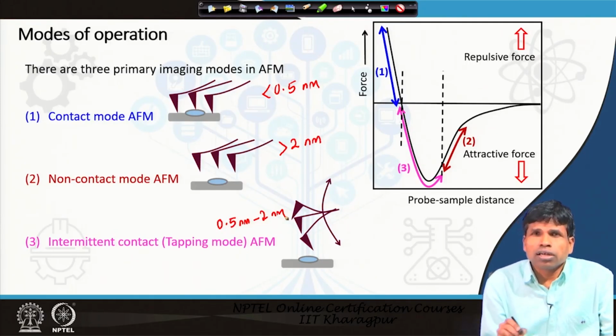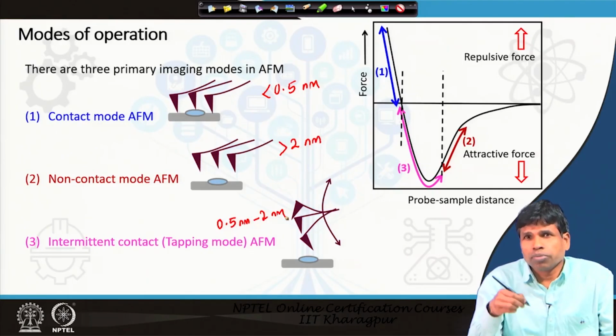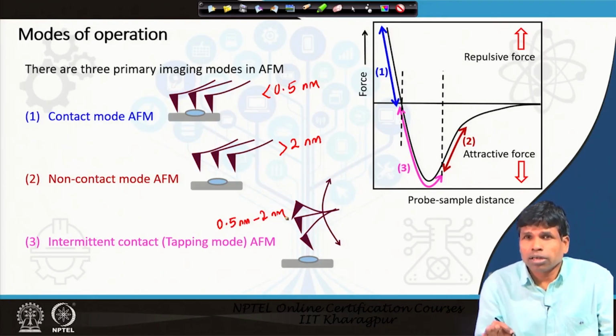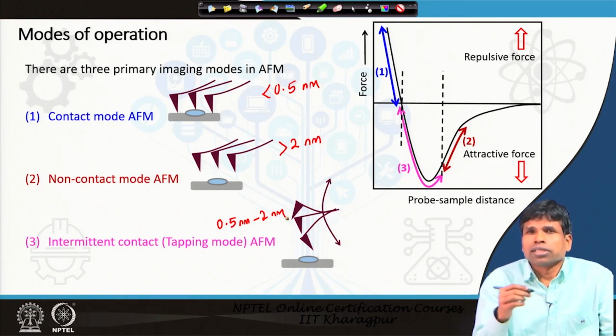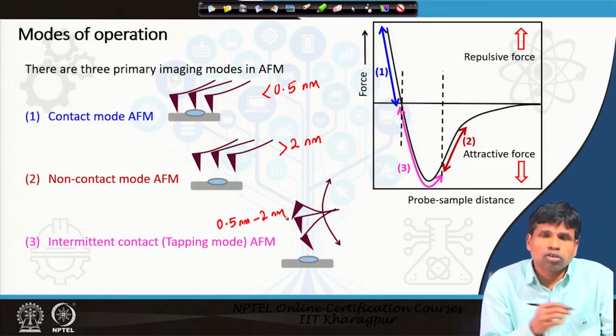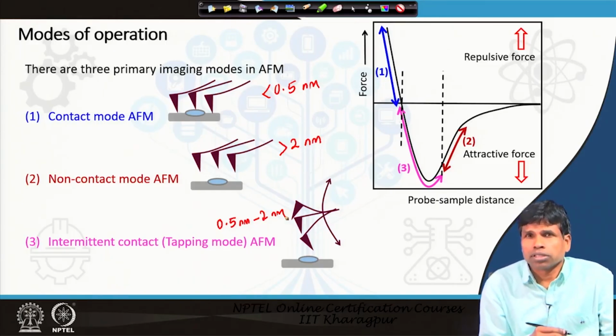As this water or fluid layer covers the sample surface, the force that we measure with the tip is not the actual force between the sample and the tip, but rather between the water layer and the tip. So, the water layer masks the actual sample surface properties in the non-contact mode of AFM operation.